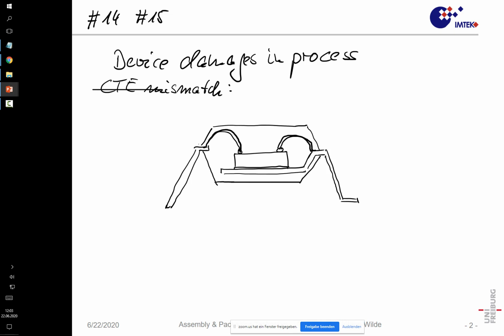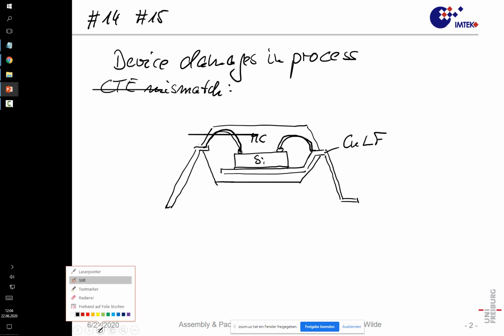Can you give me information what has mismatch altogether? Okay, I'm waiting for answer. Which kinds of mismatch do we have here?